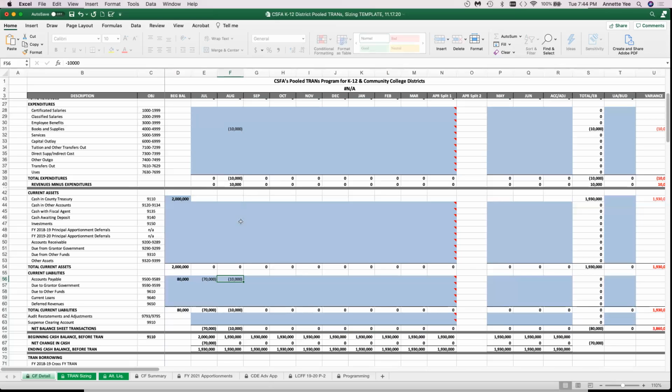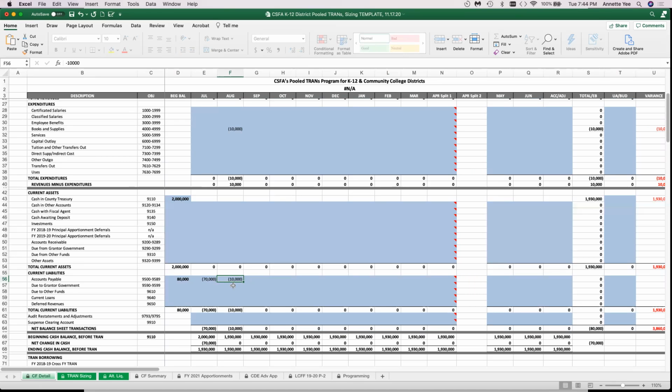So what happened was we started the year with $2 million. Of course, this is very simplified, but we're trying to give you examples so that it makes sense. You started out the year with $2 million in cash. You paid out money on an invoice that you owed from the previous year of $70,000.